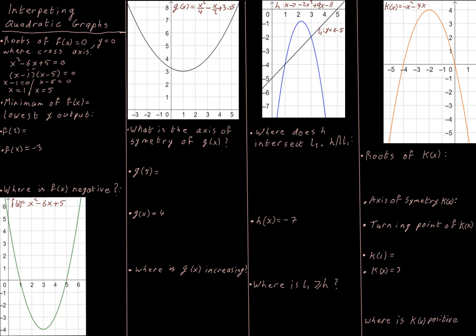Now, what is the minimum of f of x? That is to say, what's the lowest y output of f of x? Well, if we go to our graph again, we say, well, our graph is going upwards this way, and is going upwards this way, and then down here at the bottom of the valley, at x is 3, and so in the door 3, down the stairs minus 4, we find that we have the lowest value that our green curve goes to.